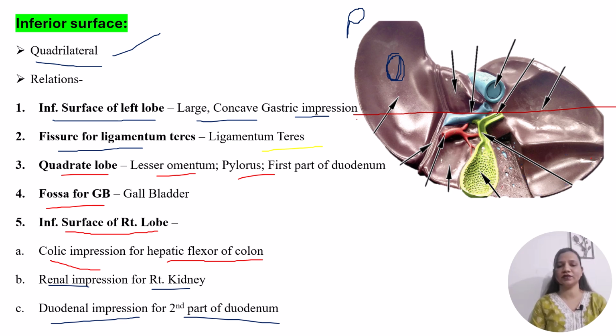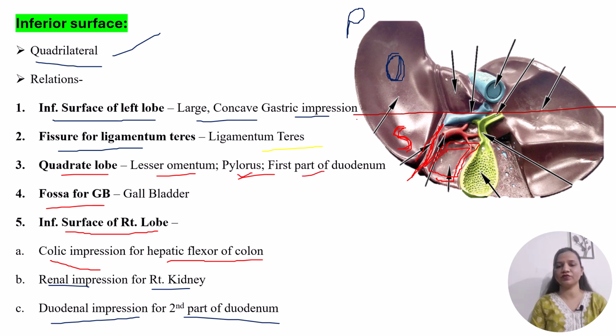First, the inferior surface of the left lobe is related with the stomach, which is a large and concave area for the gastric impression. Then there is the fissure for ligamentum teres, which is related with the ligamentum teres. Then there is the quadrate lobe, which is related with the lesser omentum, pylorus, and first part of the duodenum.